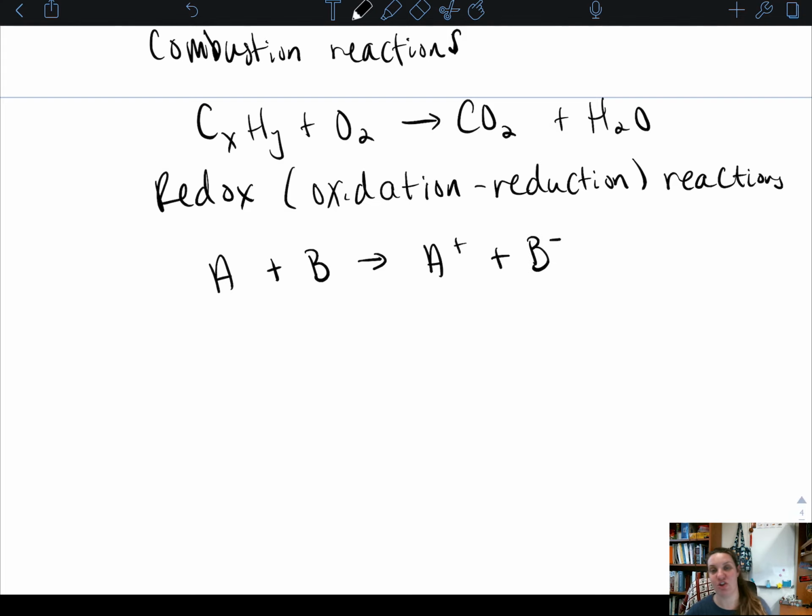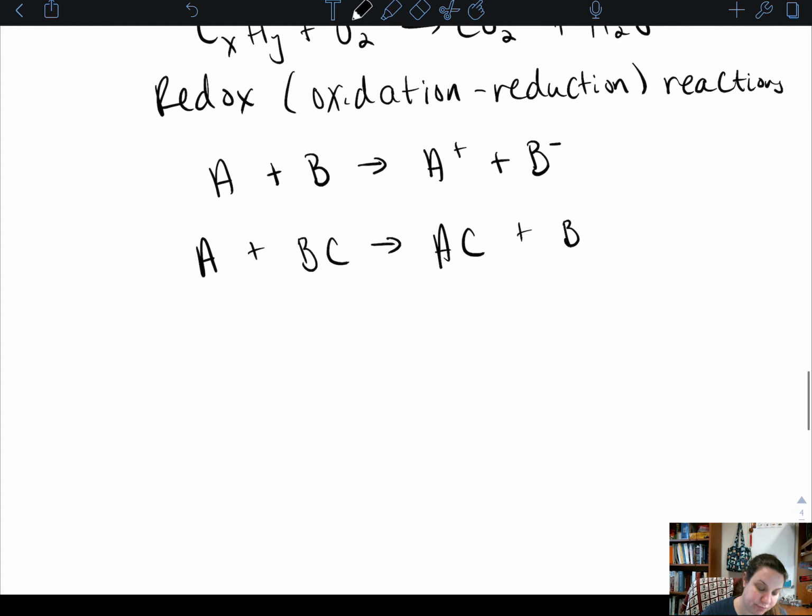So here we're changing charges. And usually you'll see these involve some sort of metal salt. So you have a metal reacting with a salt to produce a new salt and a new metal. Okay, that's going to be the most common that we'll see with that.